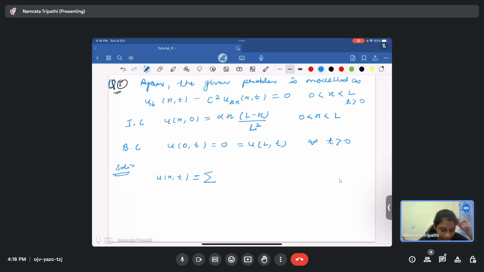Again, we will apply variable separable. We will set up the SL problem, and by using the eigenvalues of x, we will find the solution for t, and we can write the solution.